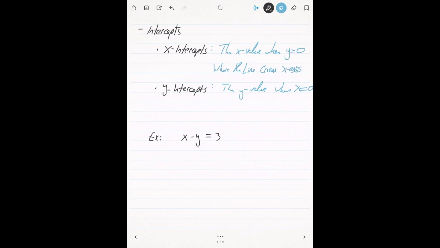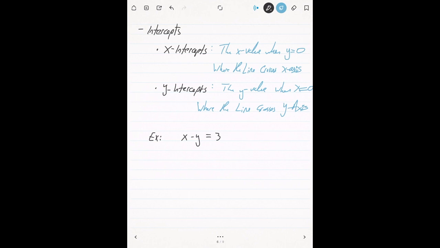And the y-intercept is where the line crosses the y-axis. So we have an example numerically of what's going on when one of the variables is set to 0. And we also have a graphical way of showing what's going on here, okay?